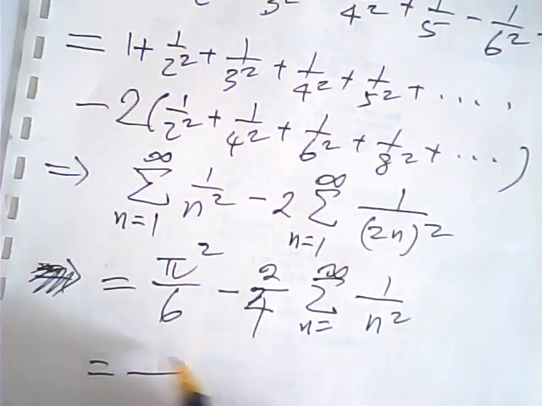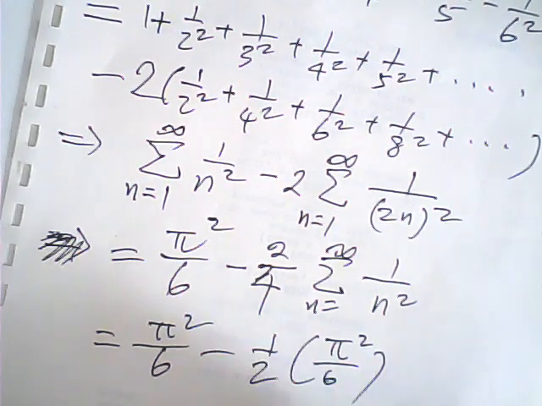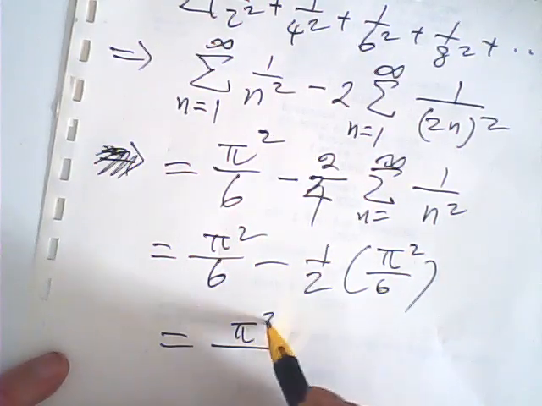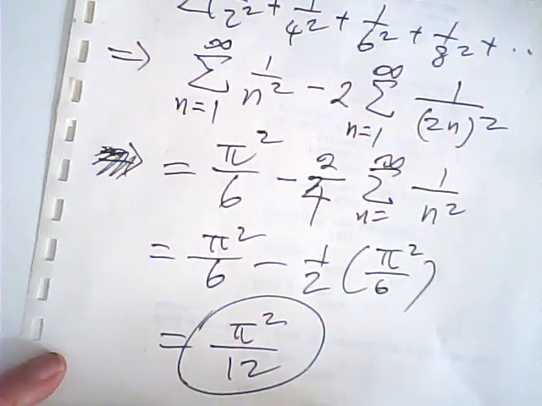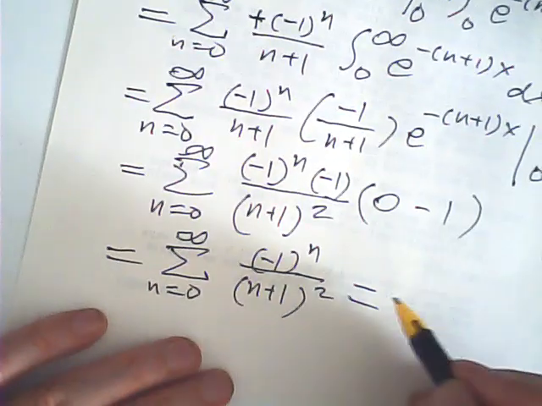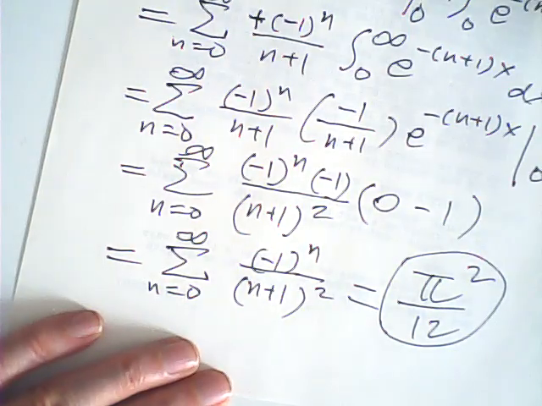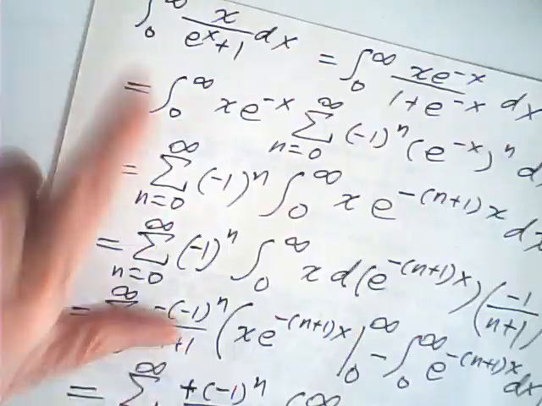This one is pi squared over 6 minus 1/2 of this, which is also pi squared over 6. So therefore, this is equal to pi squared over 12. That is what we want. So this one is equal to pi squared over 12. That is for this integral.